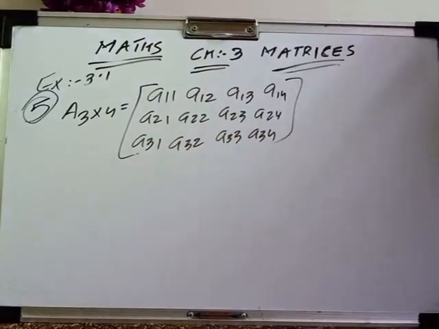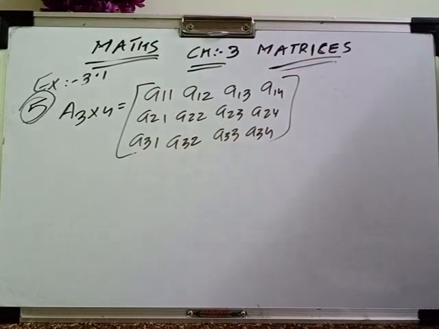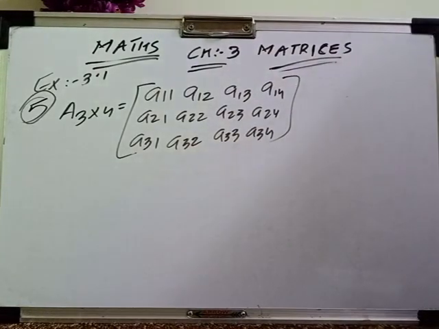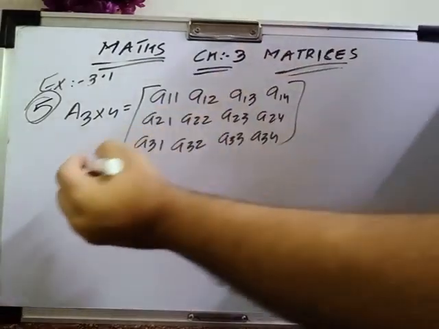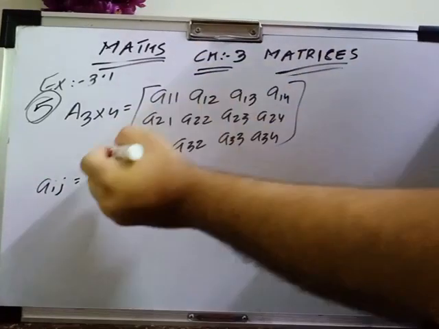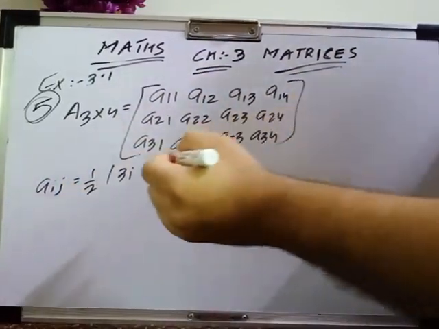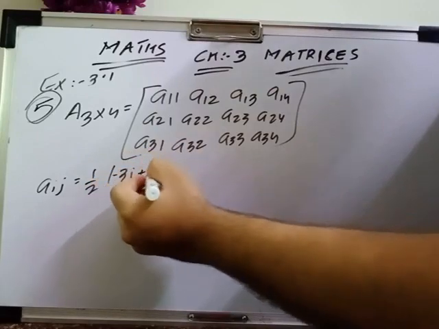In total we will have 12 elements, right? And the given formula for Aij is 1 by 2 mod of 3i minus 3i plus j, right?